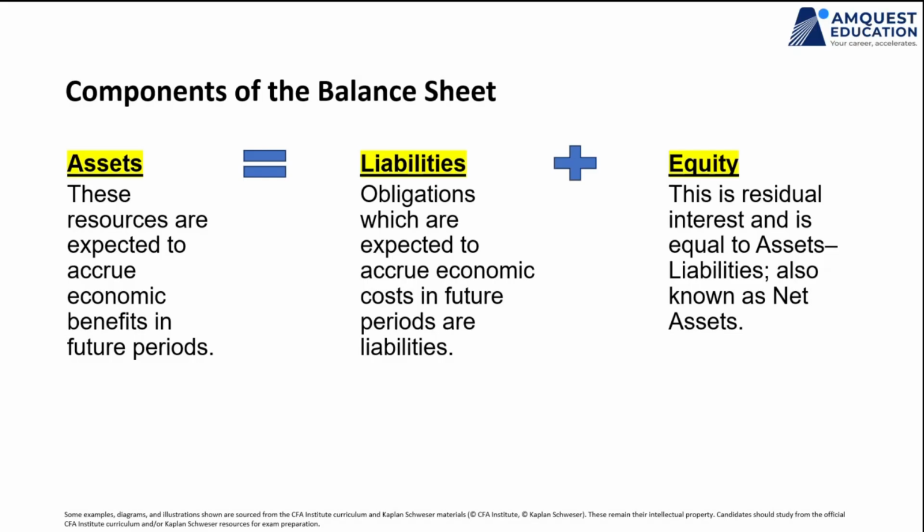So an asset has the potential to give you future benefits. A liability on the other side is an obligation which is expected to accrue economic cost in future periods, or which you are expected to settle in future periods.